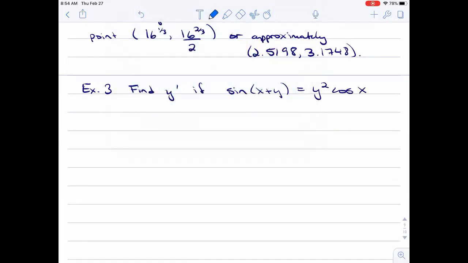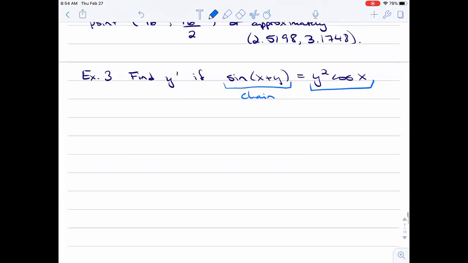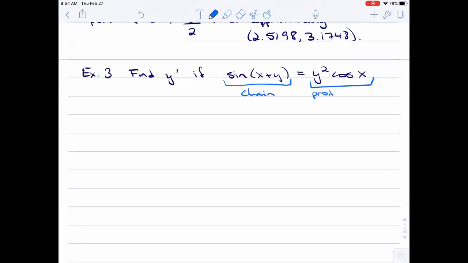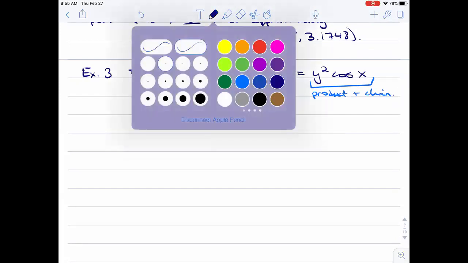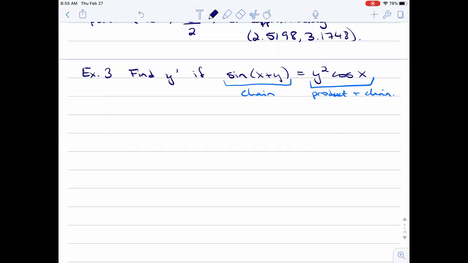Just a heads up though, right here, you're going to be using a chain rule. And here, you've got a product in a chain rule. So I'll give you guys some time to work on it.